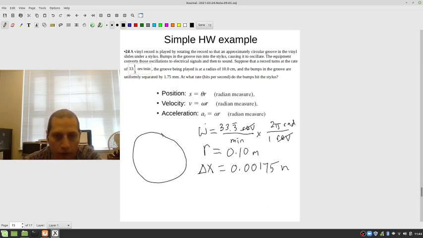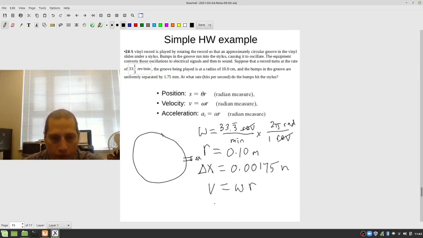Okay, well, the speed at which the record is being dragged under the stylus is going to be omega times R. But in this case, we want to think about just a little distance on that, a delta X. And how long does it take? How many hits per second do the bumps hit the stylus?